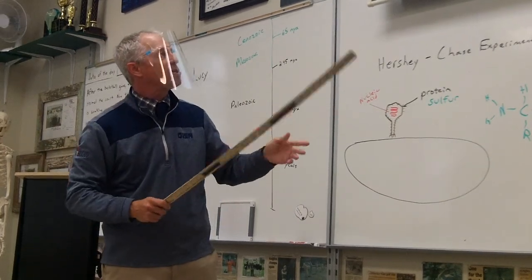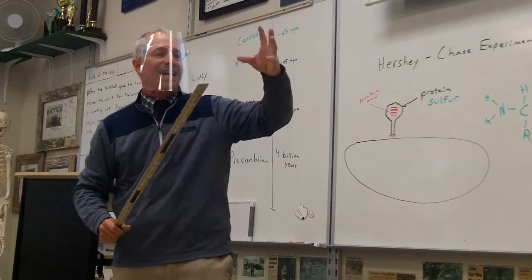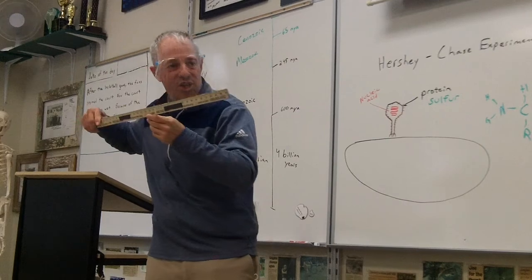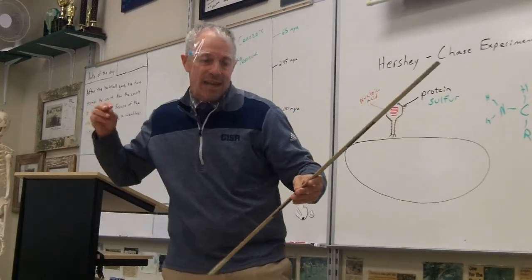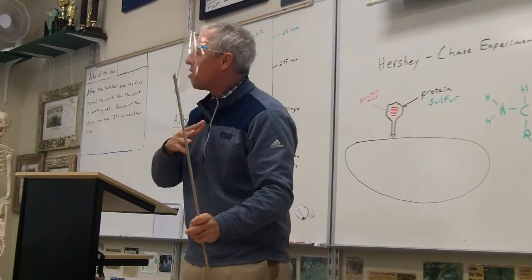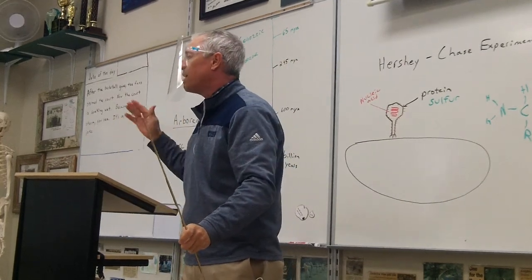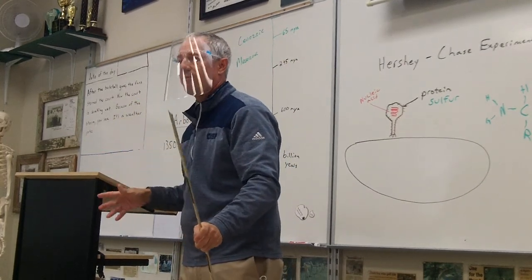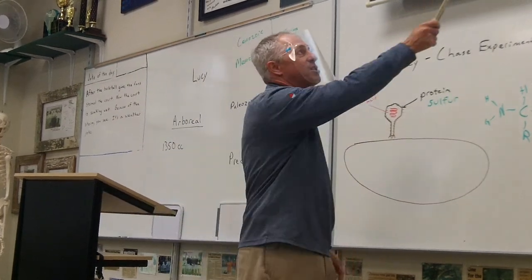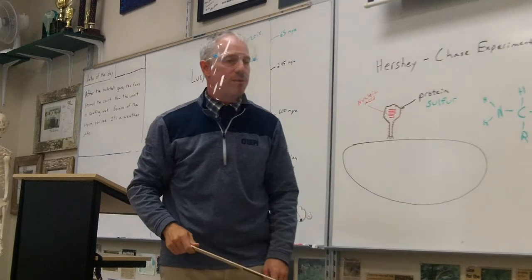So Rosalind Franklin took DNA and she froze it where it formed crystals, and she shot X-rays into it. And the X-rays would bounce off of the DNA and make patterns. It's a whole science to it. It's called X-ray crystallography, and she was an expert in it. And she produced this. This is one of the pictures she produced.